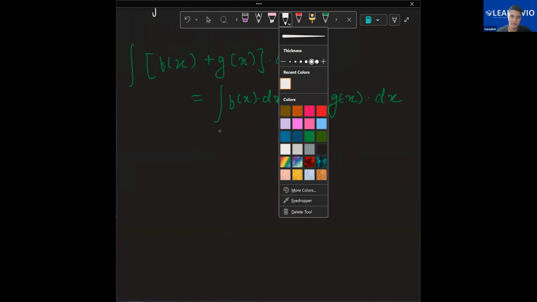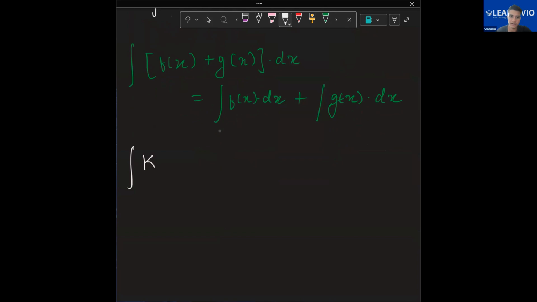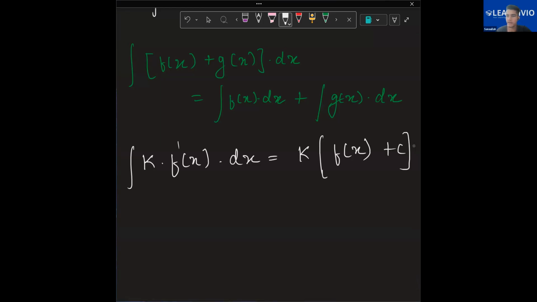Something like if I'm having some constant k times f dash of x with respect to dx, this can be written like k out, and this is f of x plus c. It can be either like this or it can be written like k f of x plus c.